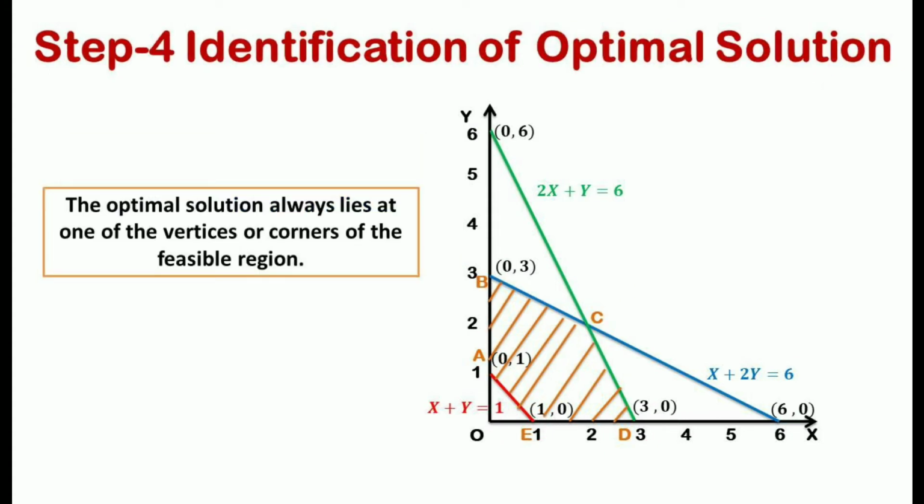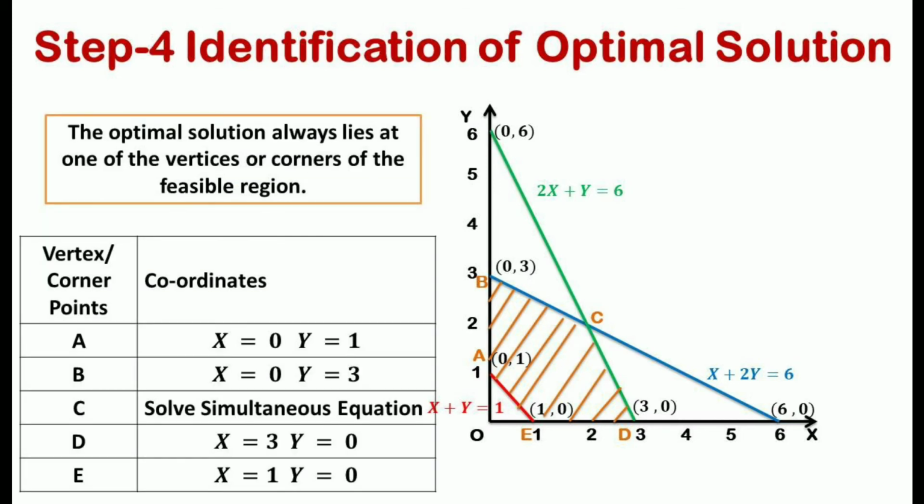After finding the feasible region, the next step is to find the optimal solution of the given problem, which is the final stage. And see, any point in the feasible region that gives the maximum or minimum value of the objective function is generally called an optimal solution. See here in the feasible region, we can see that there are infinitely many points that satisfy the given constraints simultaneously.